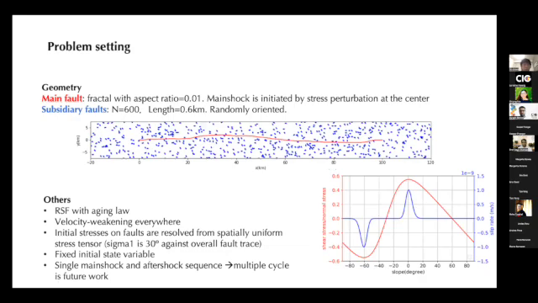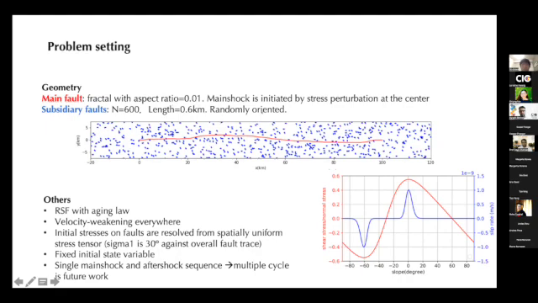So my problem setting is as follows. The fault geometry is like this plot. The long red line is the main fault. This has fractal geometry with an aspect ratio of 0.01.